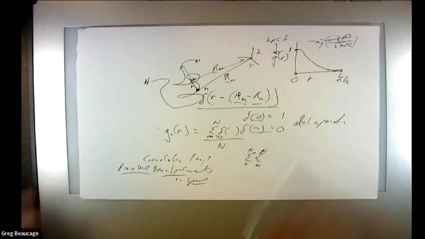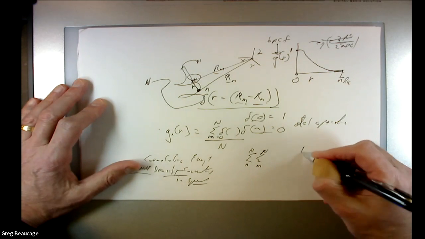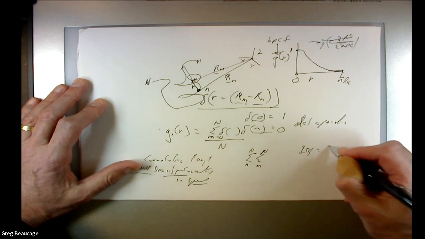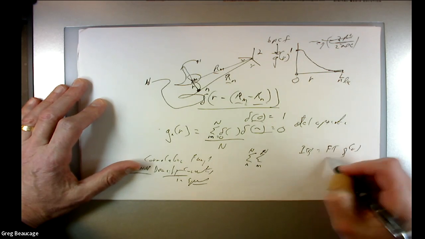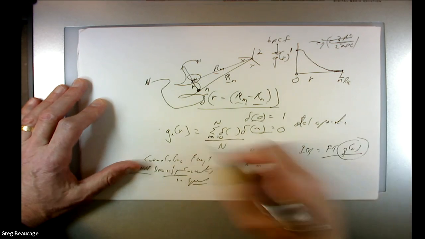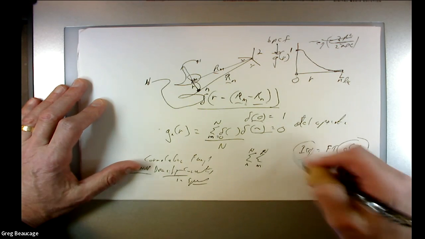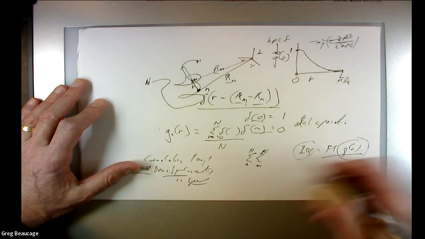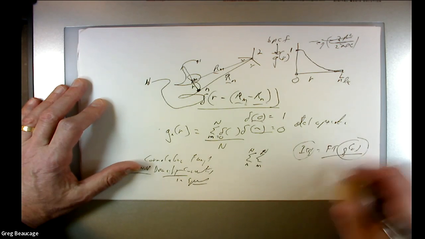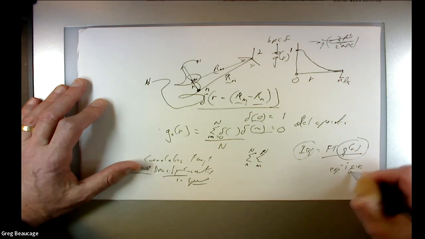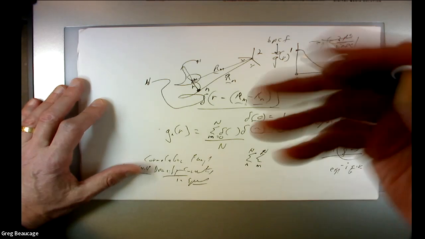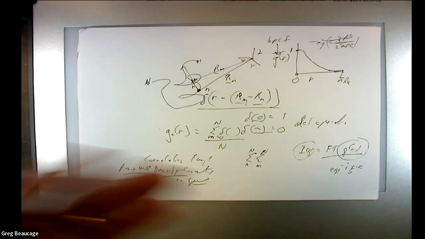The reason you're trying to get this is that the scattered intensity is going to be the Fourier transform of that G of r. The Fourier transform of that correlation function is the intensity that you measure as a function of q. The Fourier transform is exponential of minus i q dot r. q is the vector from that diagram with the interference pattern, where we were drawing the arrows.